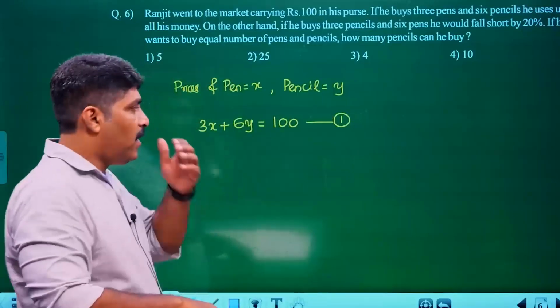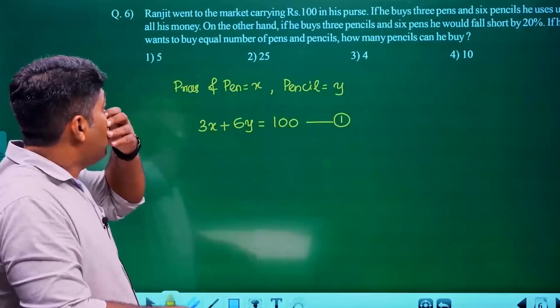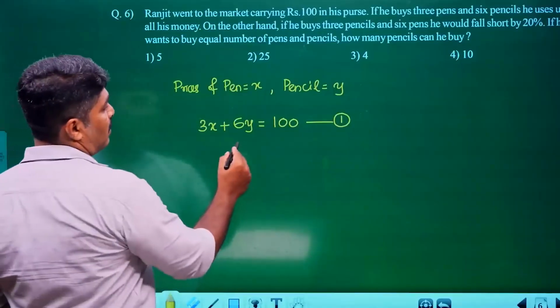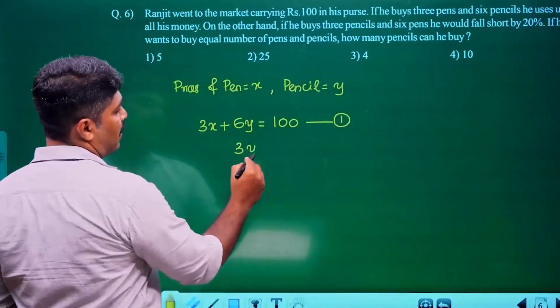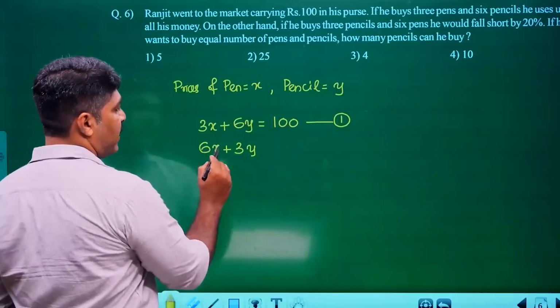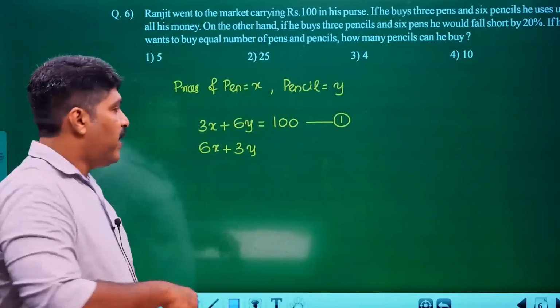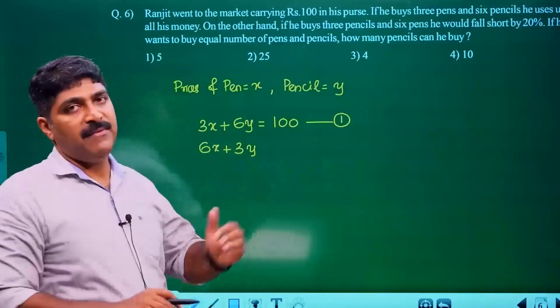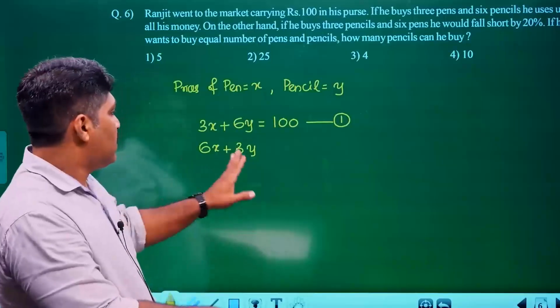And for the second result, you have to be alert. What happened on the other hand? If he buys 3 pencils and 6 pens. While reading that statement, we have to focus properly on the order in which they give the data. So that is 6x plus 3y.